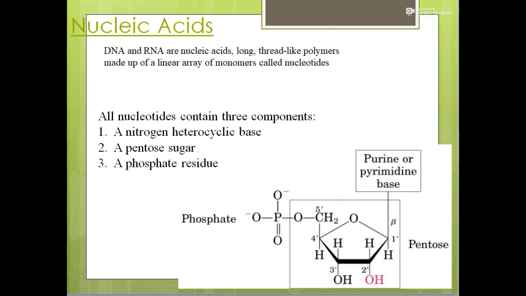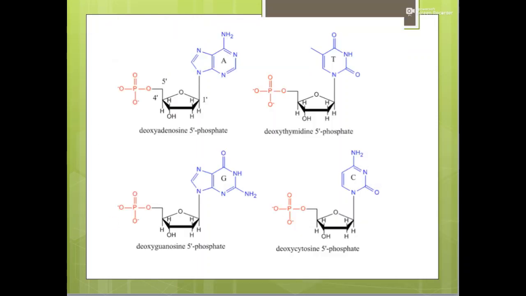So these are the three components of a nucleic acid, and if you replace them with the bases, you can see that it is either adenine, thymine, guanine, or cytosine in the case of DNA.